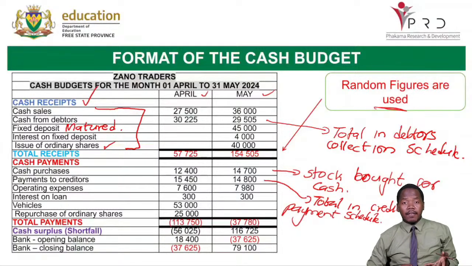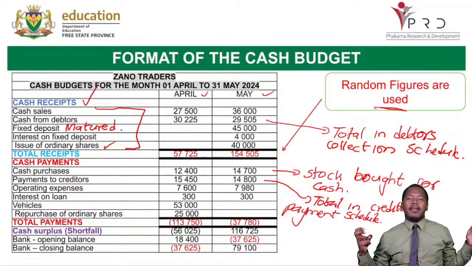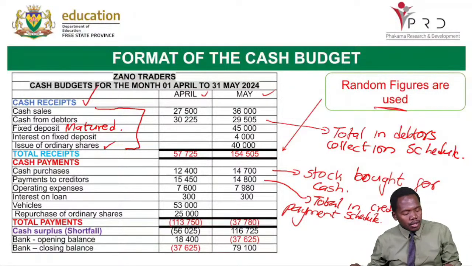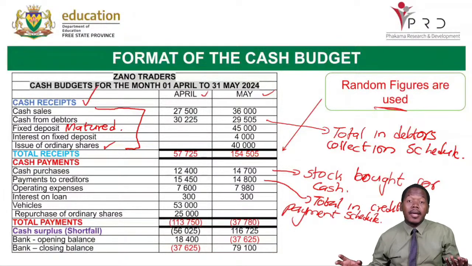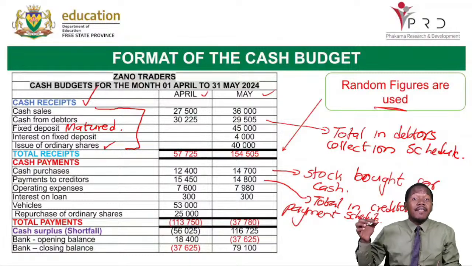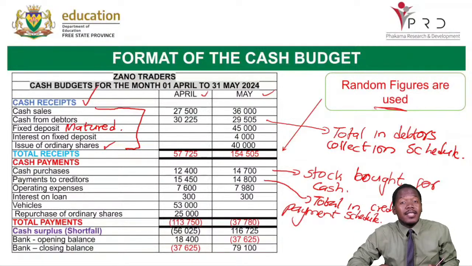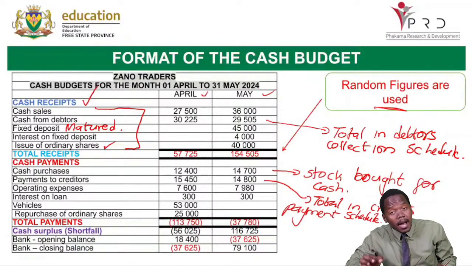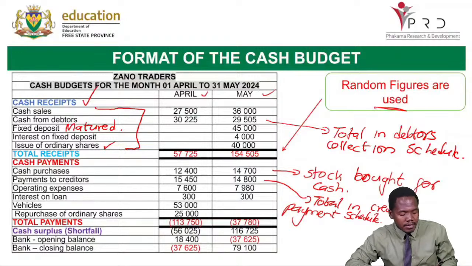For an example, it was 15,450 in April, 14,800 rands in May. And after that, you may put all the other payments. So it could be the vehicles when we're paying for an installment or buying a vehicle. It could be a repurchase of shares if you're dealing with companies. It could be even dividends. If we pay for interim dividends, it can be part of our cash payments.